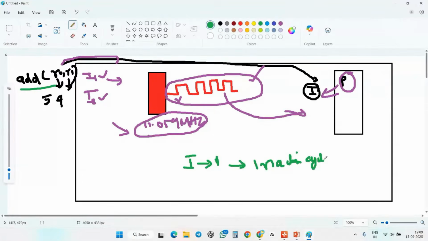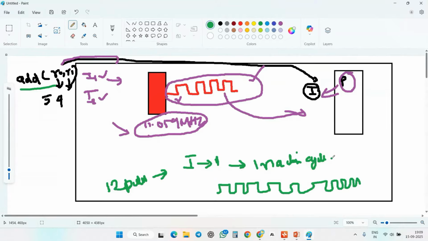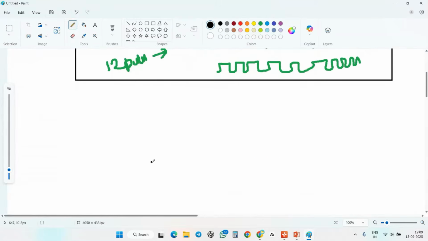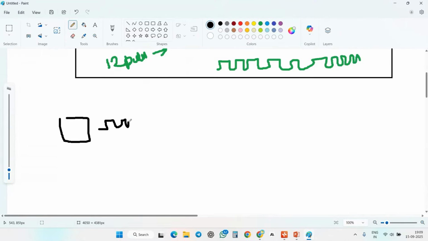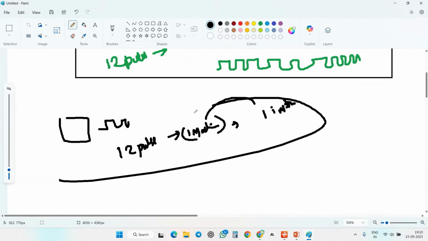What does machine cycle mean? You count how many clock pulses you need: 12 clock pulses equal one machine cycle, and one machine cycle is required to process one instruction. You got it, guys? So the oscillator produces clock pulses, and 12 clock pulses make one machine cycle, which is required to process one instruction. This is how the flow goes.